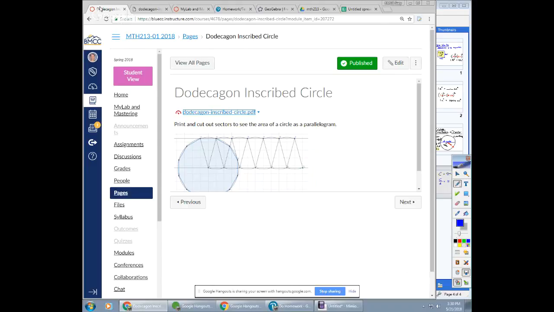Once you get them cut up, you're going to attempt to assemble them into a parallelogram looking thing. I got a thumbnail of it up here on the screen.